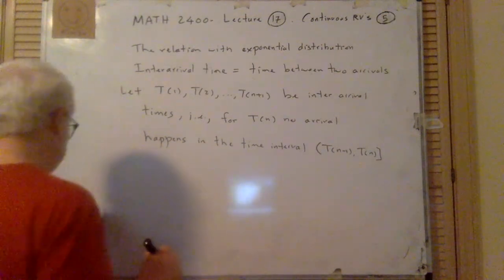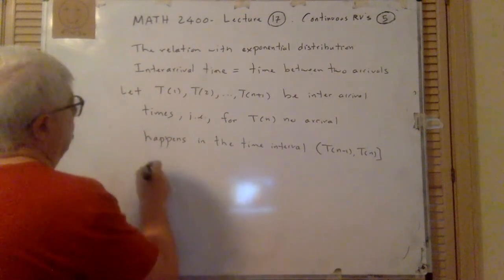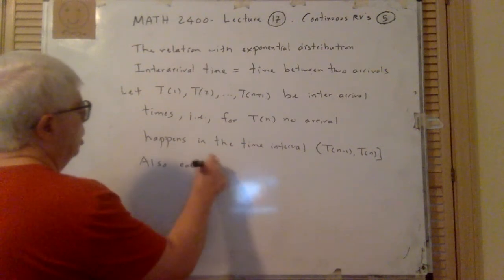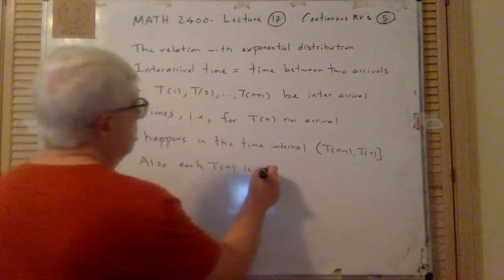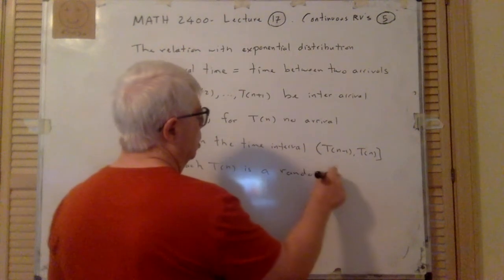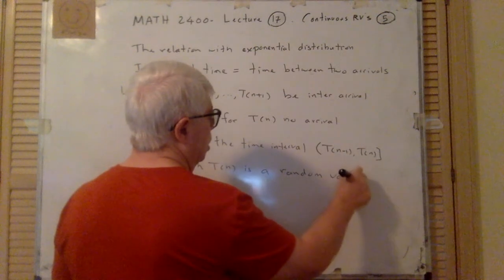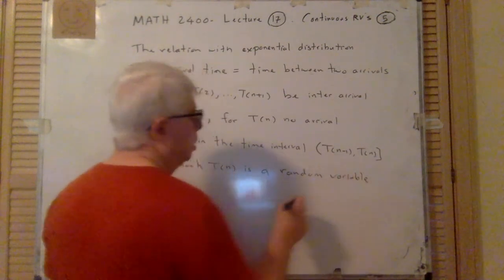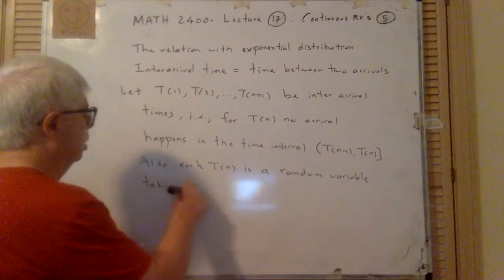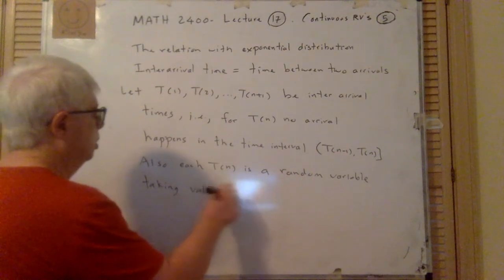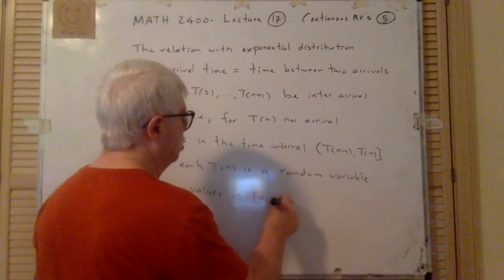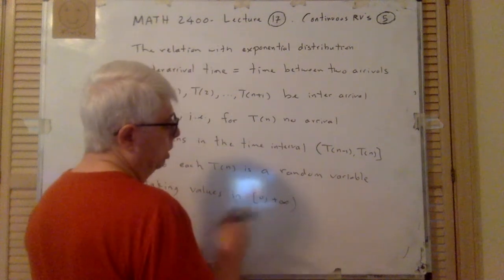And also, each Tn is a random variable taking values in 0 to positive infinity. You see?